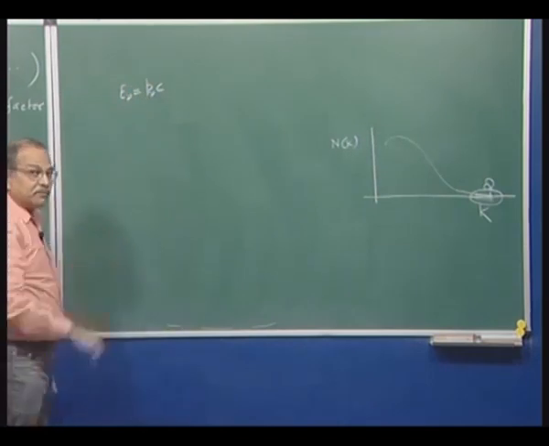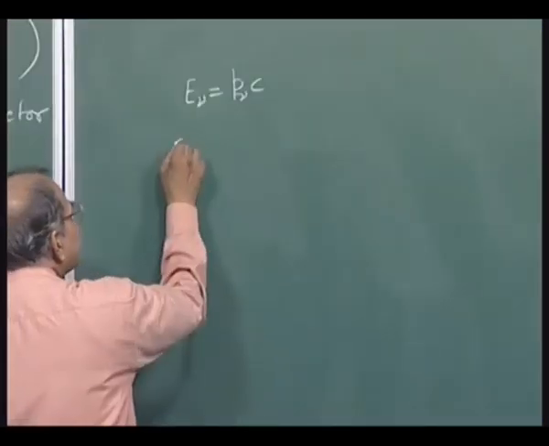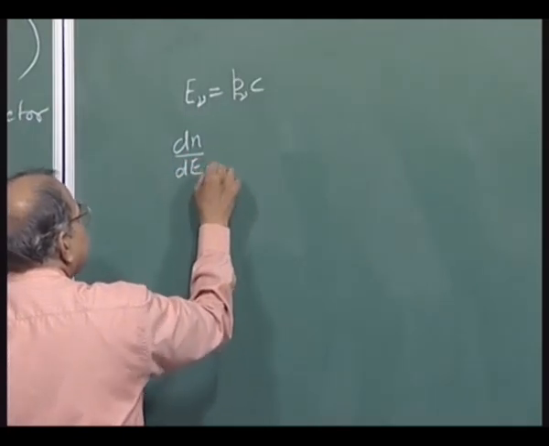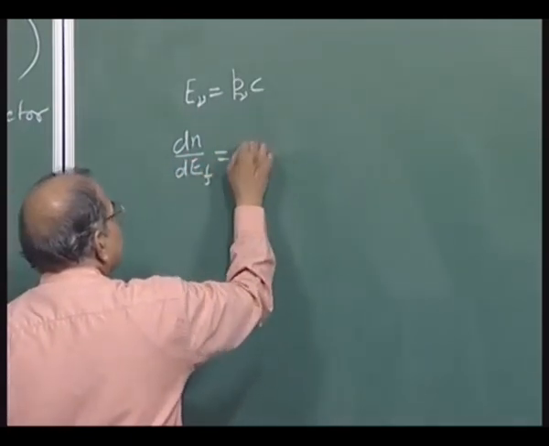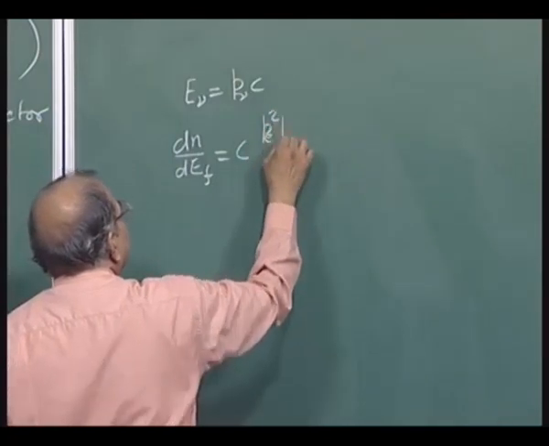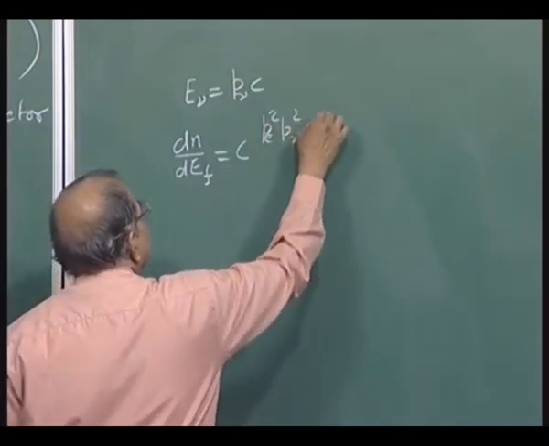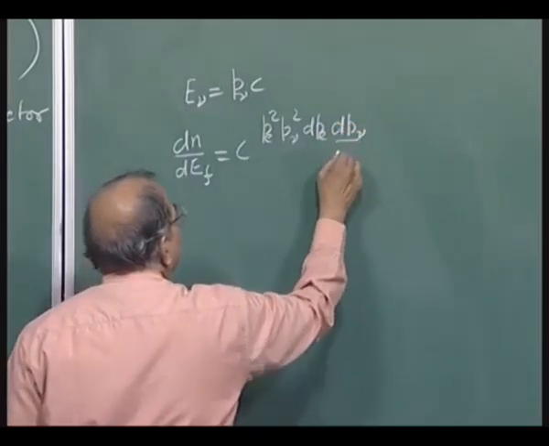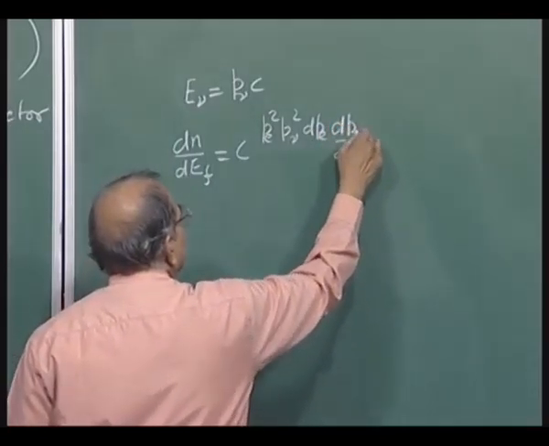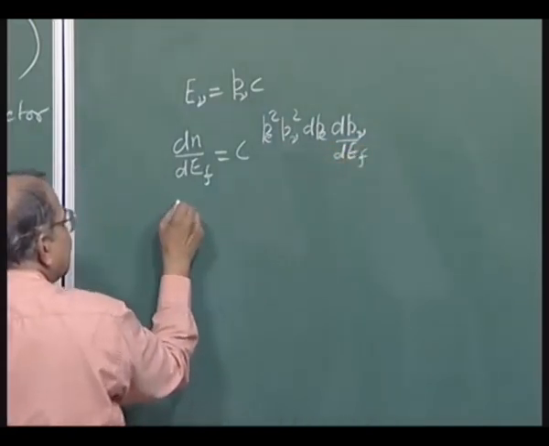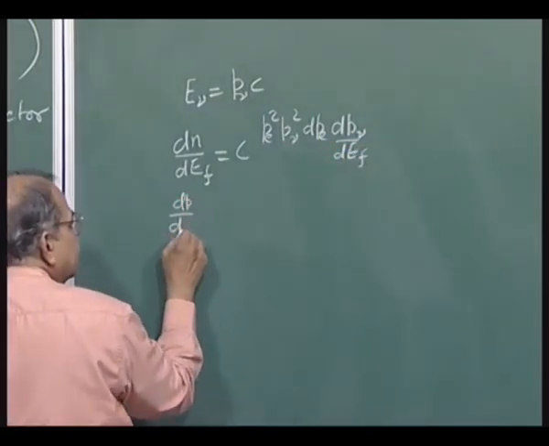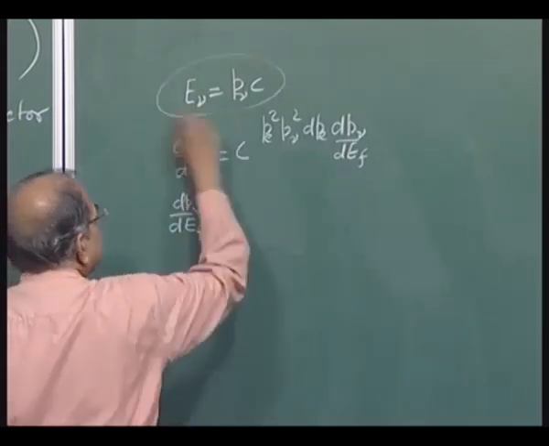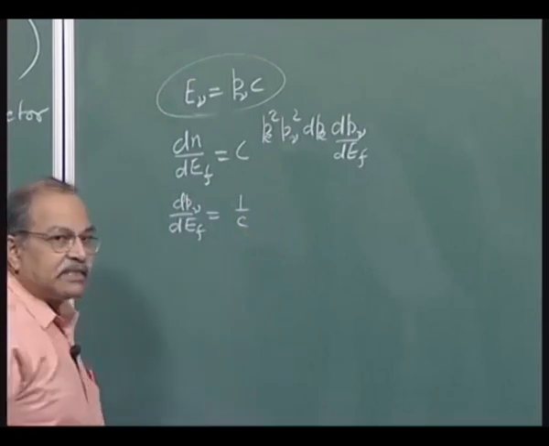Remember we used this when we were calculating dN over dE_f. dN was written as some constant times P_e squared, P_nu squared, dP_e and dP_nu over dE_f. To get this expression for dP_nu over dE_f, we used this relation and wrote it as 1 by c.